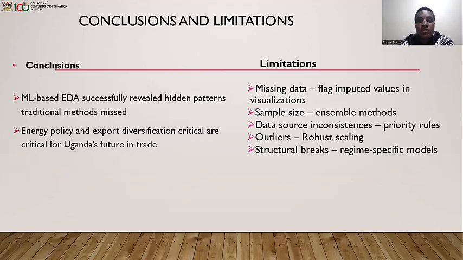For the limitations, we have missing data: flag imputed values in visualizations. Then the sample size: use ensemble methods. Then data source inconsistencies: priority rules. Outliers: robust scaling. Structural breaks: regime-specific models.